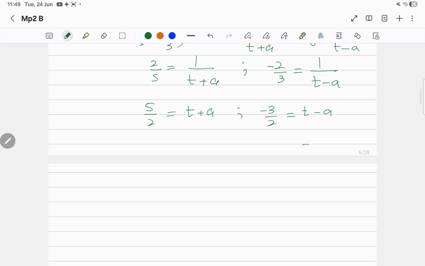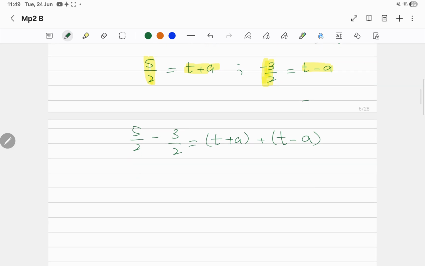So if you add both the equations, we add the left hand side with the left hand side, and it will be 5 over 2 minus 3 over 2, and then we add the right hand side with the right hand side. It will be t plus a plus t minus a.